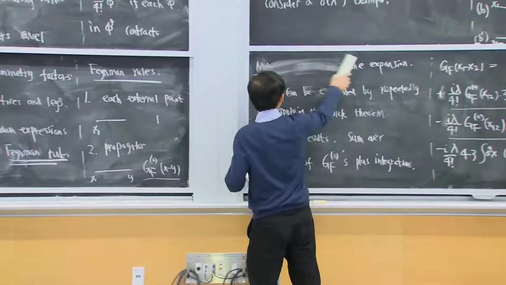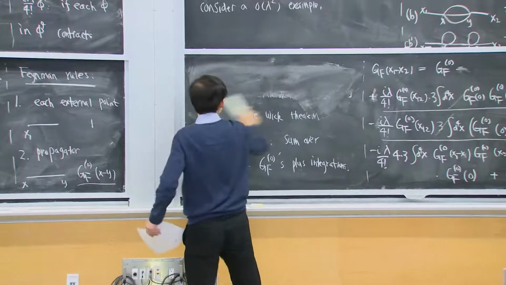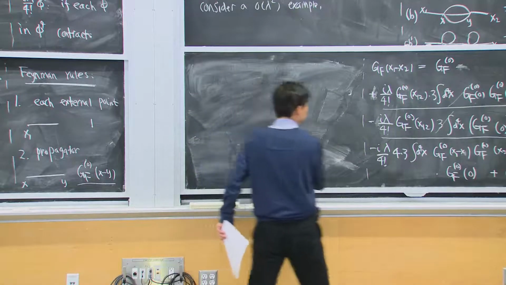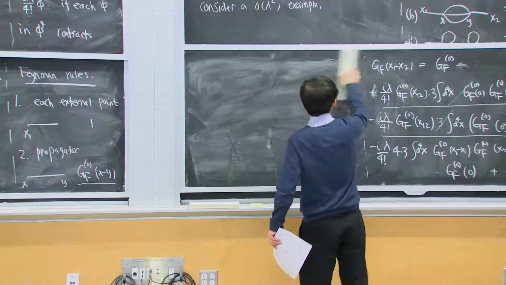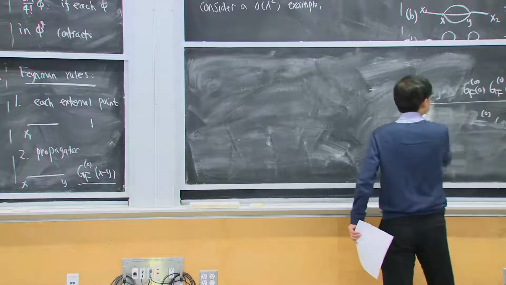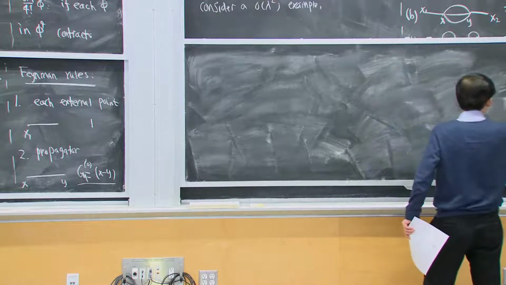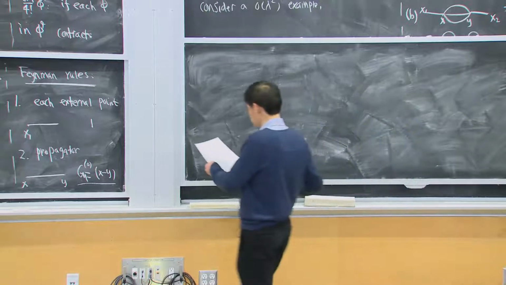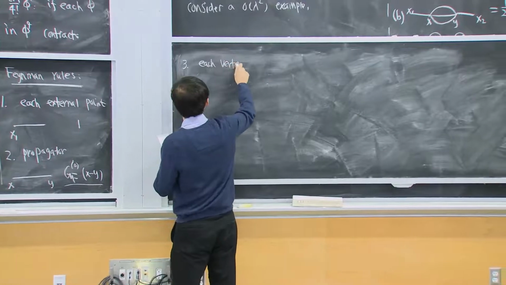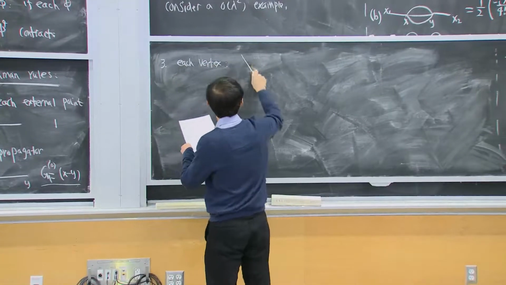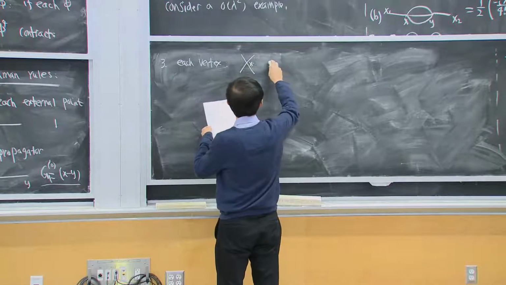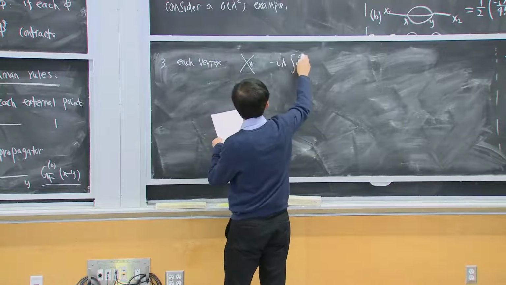And then for each vertex, which has a point x, you associate a factor of lambda and an integration over x, okay?